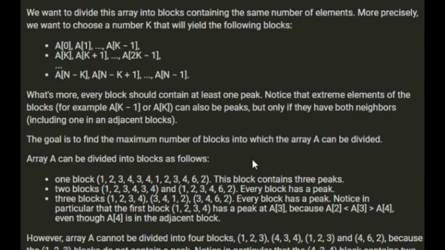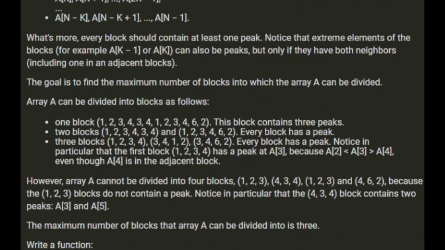The goal is to find the maximum number of blocks into which the array A can be divided. So this array, which is written there because that's it in one block form, it contains 3 peaks. 2 blocks, because there's 12 elements, we split it into 2 lots of 6. Every block has a peak because there's a peak in that block and there's a peak in that block. 3 blocks of 4 each, every block has a peak.